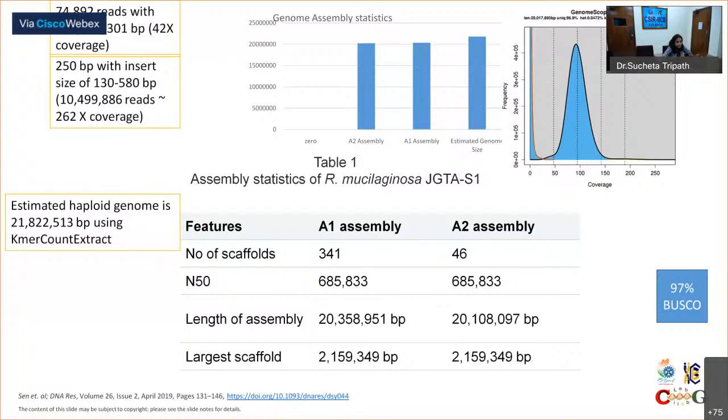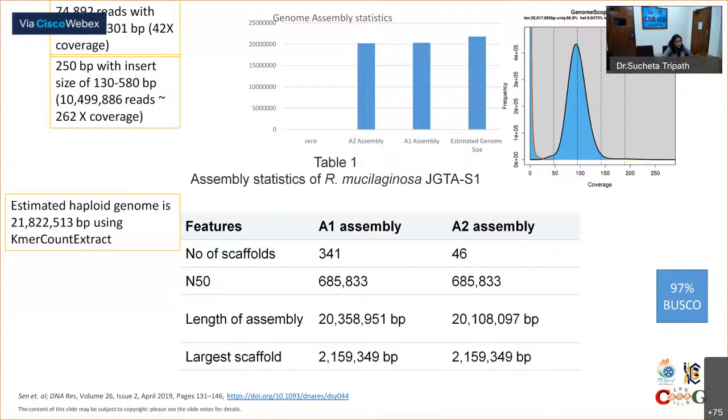And then we did an analysis called BUSCO analysis, a method in which we check whether the conserved genes are present in the genome or not. If 100% of the conserved genes are present, that means the genome is complete.